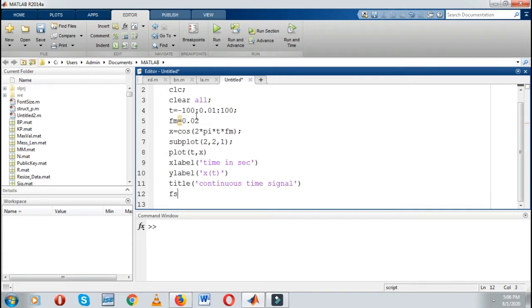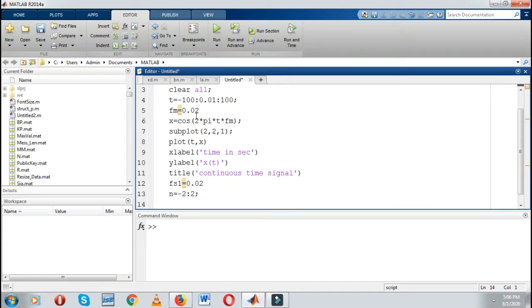Now I will take the first sampling frequency, fs1 is equal to, for example, 0.02. Okay, n is equal to, I will take the minus 2 to 2 interval. Now if you see here, I have taken 0.02 as the modulating frequency for this signal.